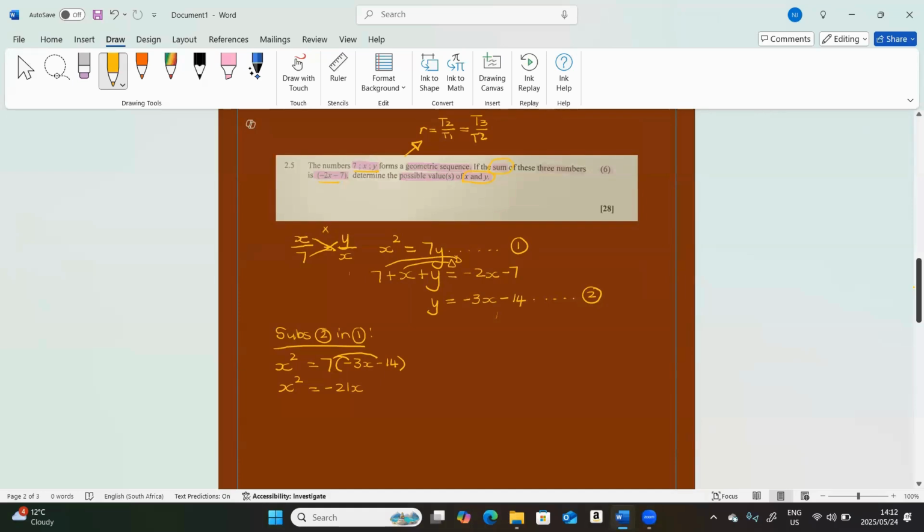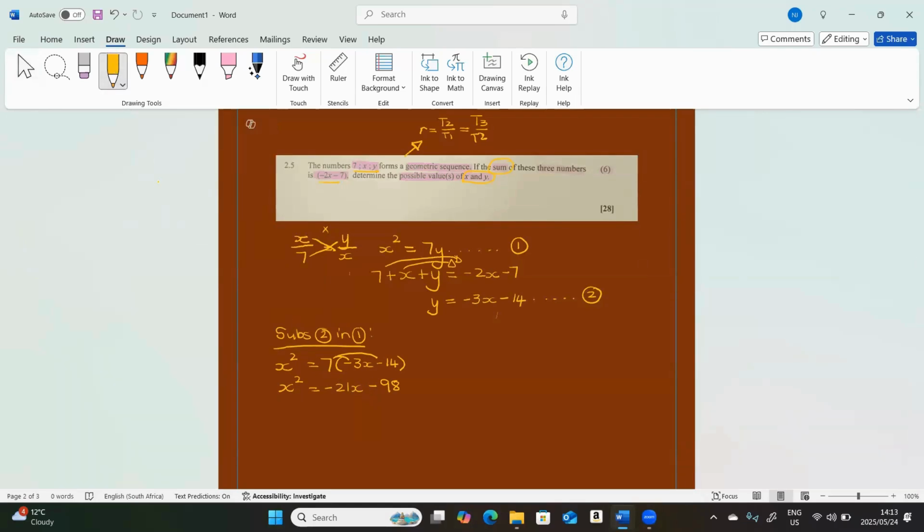And then 7 times negative 14, if you type in your calculator, guys, is going to be negative 98. Okay. Now we can see that this equation has 3 terms. It has 3 terms. 1, 2, 3. One is squared. The other one is an x with its coefficient, and the other one is a constant. That is what we need for a quadratic trinomial.